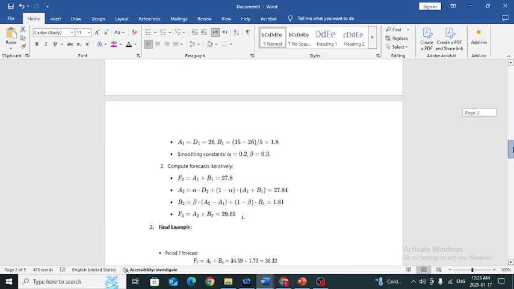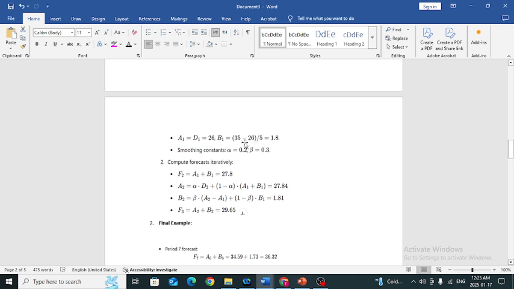After that, 35 minus 26 divided by 5 is equal to 1.8. The smoothing constant alpha is assumed, and the question said that alpha is equal to 0.2 and beta is equal to 0.3. Compute the forecast iteratively.